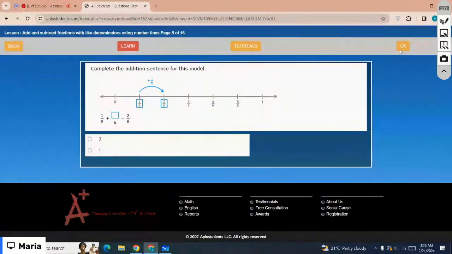The next one is 1 by 6 plus the missing number equals 2 over 6. So which is the correct option?